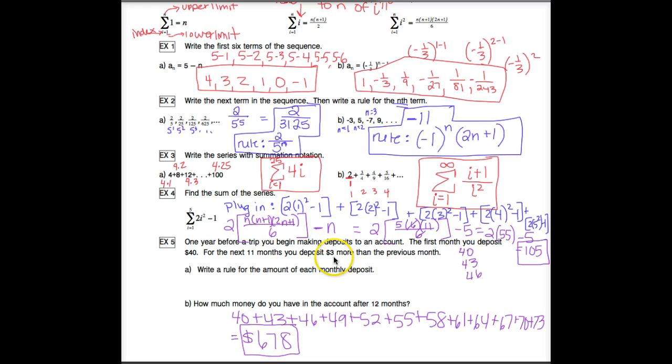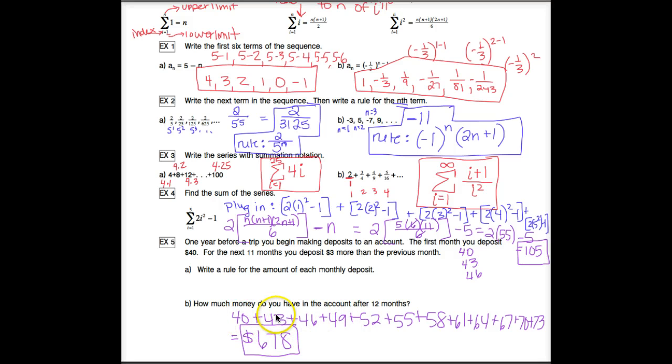Now, to write a rule from this, again, you may have to do some guess and check. Whatever month it is, you want the next one to be 3 more than that month's amount. So in the second month, other than my initial deposit, I added 6. Here I added 9 from the original.